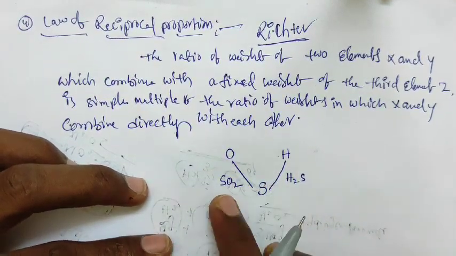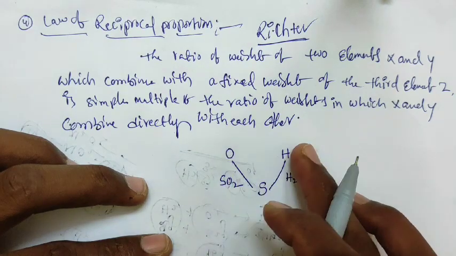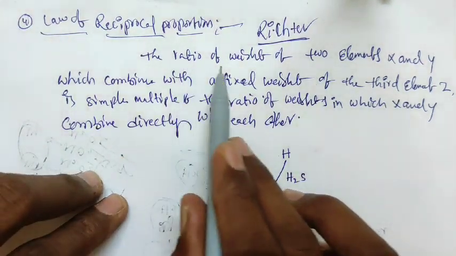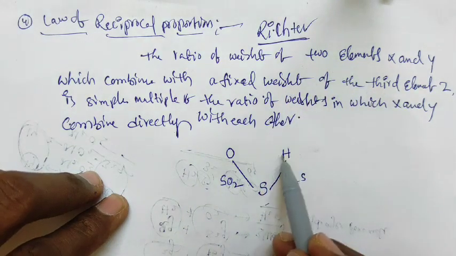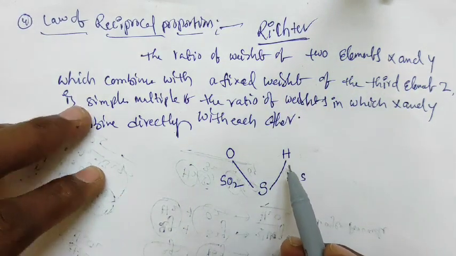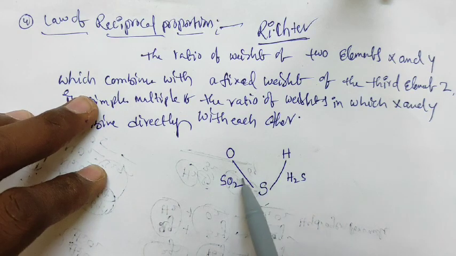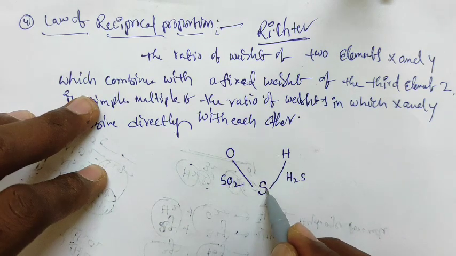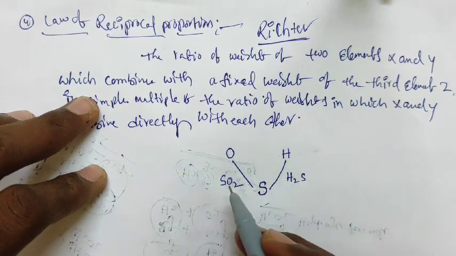H2, these two you can combine. Two elements separately combine with a third element. The ratio of weights of the two elements x and y, which combine with a fixed weight of the third element. The third element's weight is fixed, but these two are different.